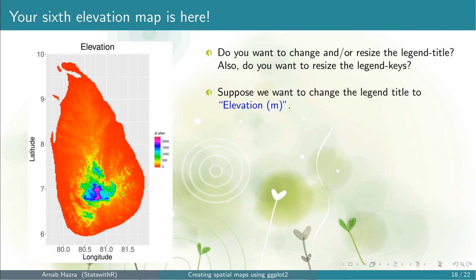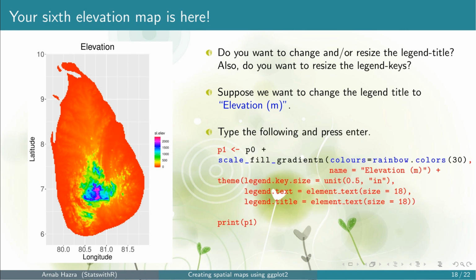Suppose you want to change the legend title to elevation in meters. To do this, first within the function scale_fill_gradientn, add name equals to "elevation in meters" within quotes. This adds the legend title.